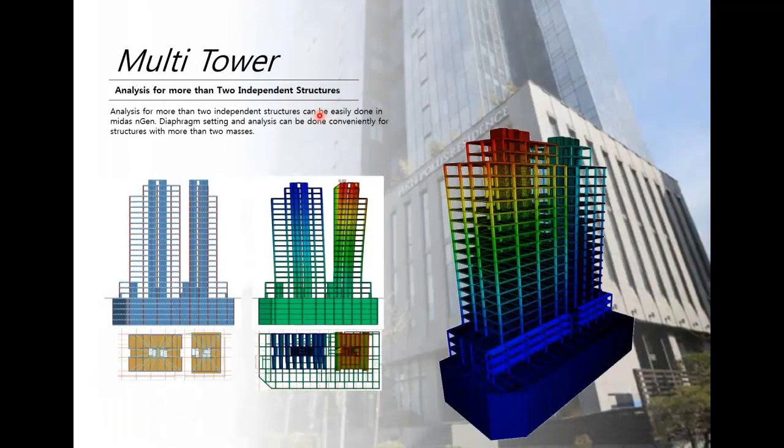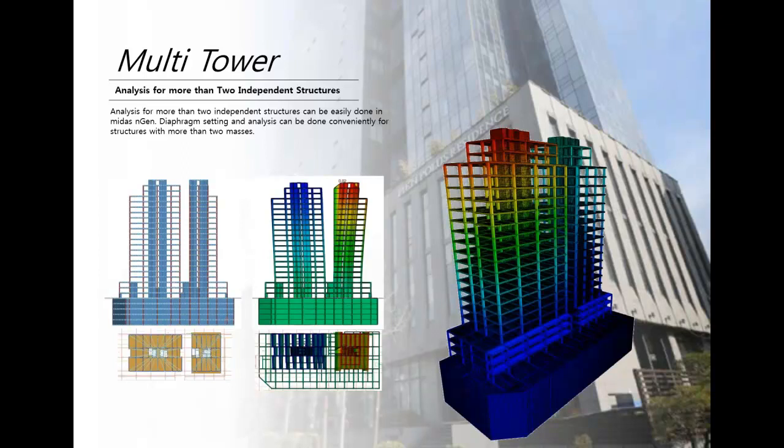You can have more than one tower connected to a common podium in MIDAS nGen. Why I'm showing this is because each tower has different diaphragms, and these diaphragms for each tower can be separated easily by using modules in MIDAS nGen.